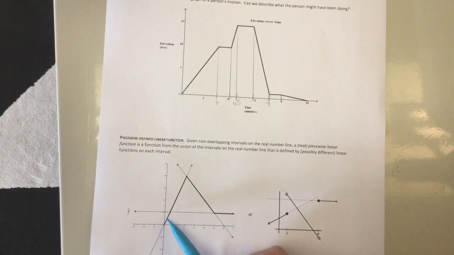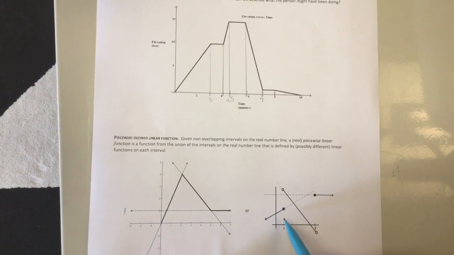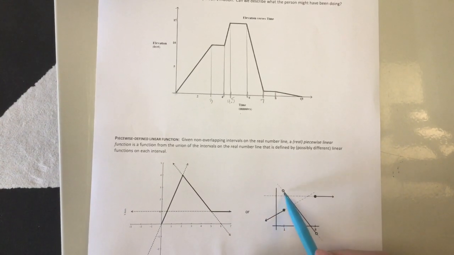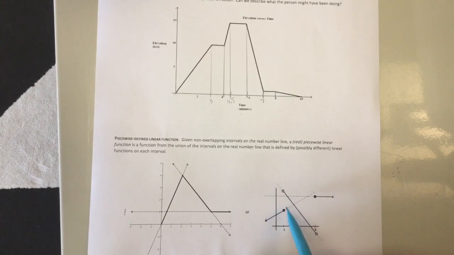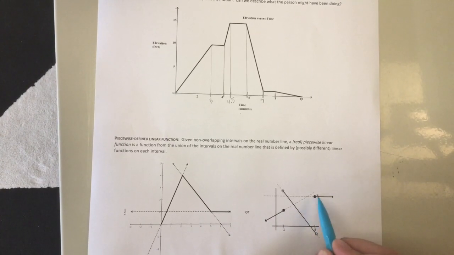So notice what that means is whether your pieces are touching end to end, or like on this other example where they're still linear functions, they may not be touching end to end, and that's okay. But notice they're not overlapping because of course they're functions, which means each x value only gets one y value.